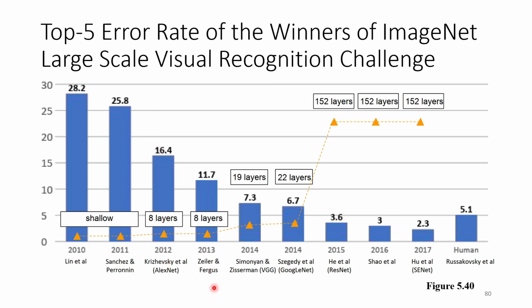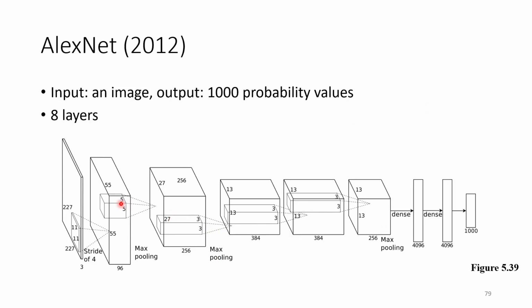And one year later, ZFNet. Let me say, what is this network? Here, there's a question. There are 96 channels, right? Why do we need to use 96? Why don't you use 200, 300? And there are 256 channels. Why don't you use 600, 500? Can you tune the hyperparameters? Yes, you can.